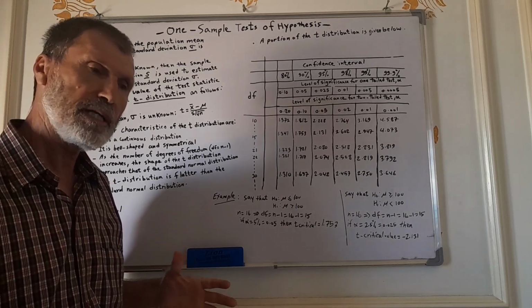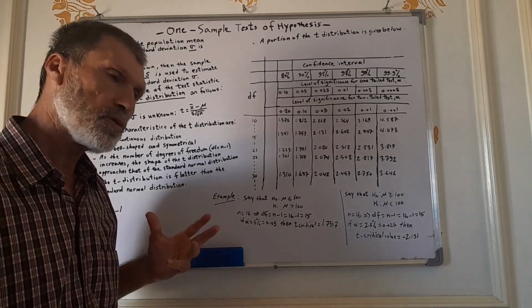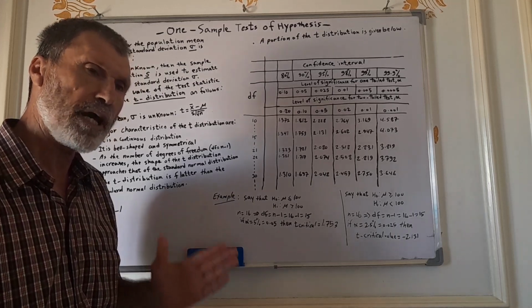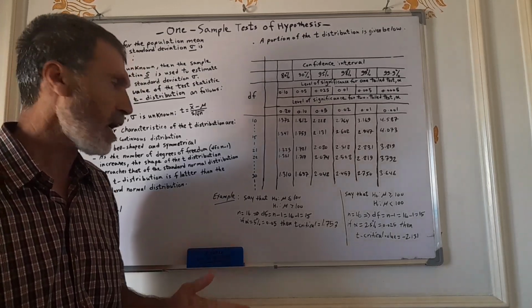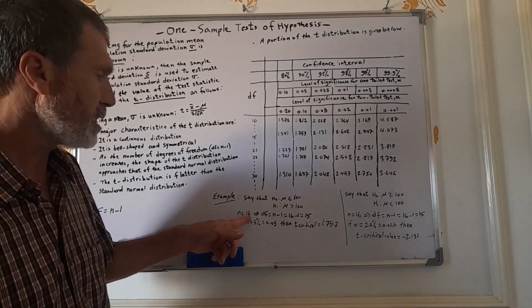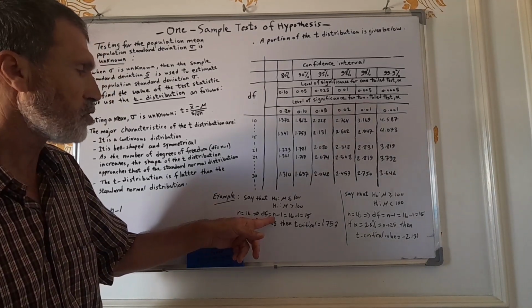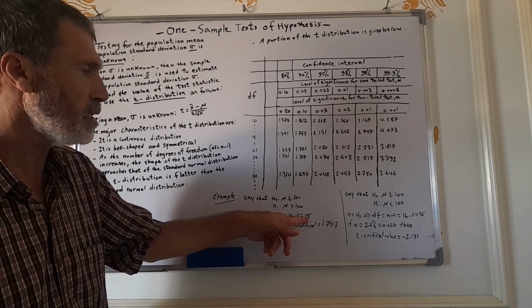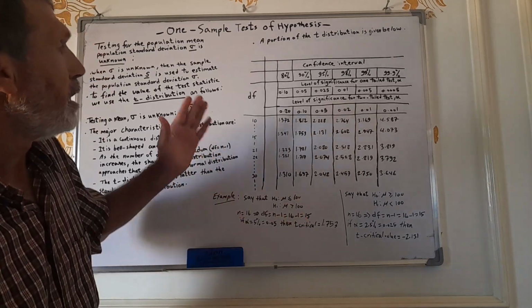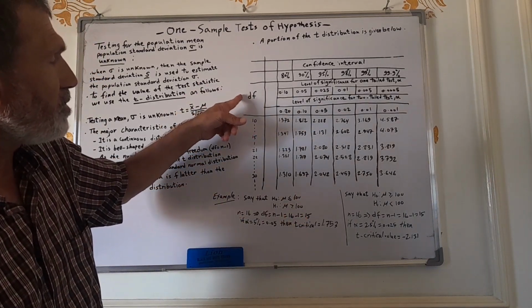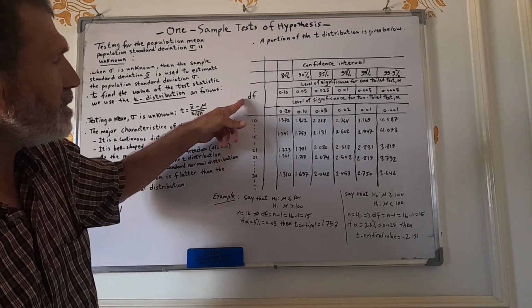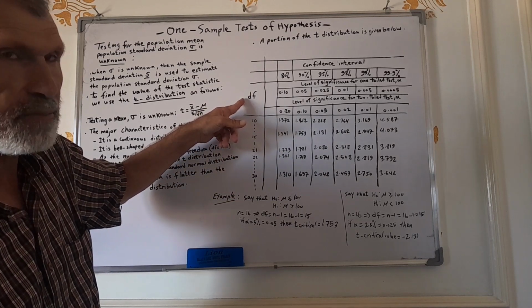So always degrees of freedom is equal to n minus 1. If the sample size, for instance, is 16, then the degrees of freedom is going to be 16 minus 1, equal to 15.